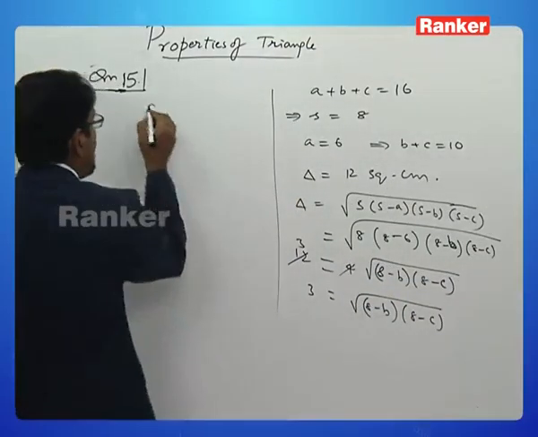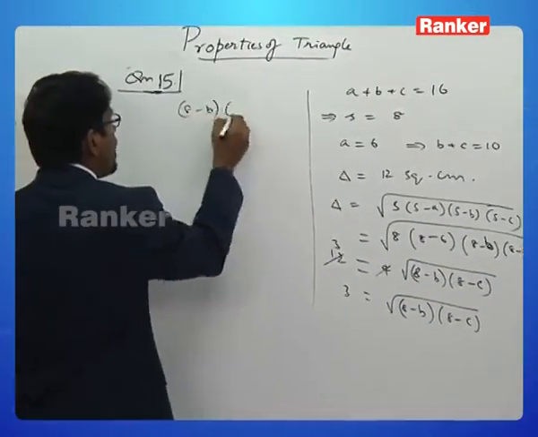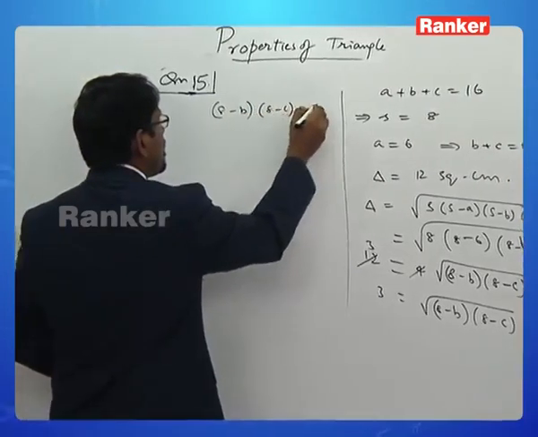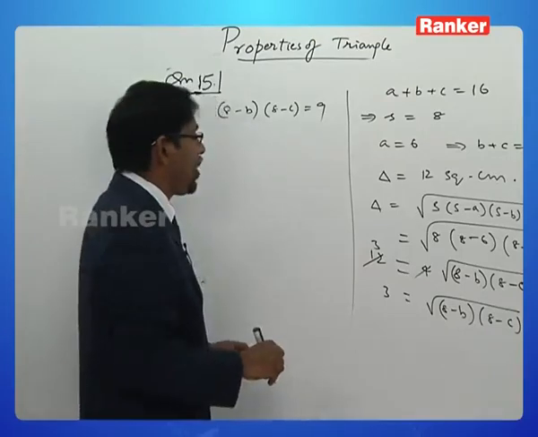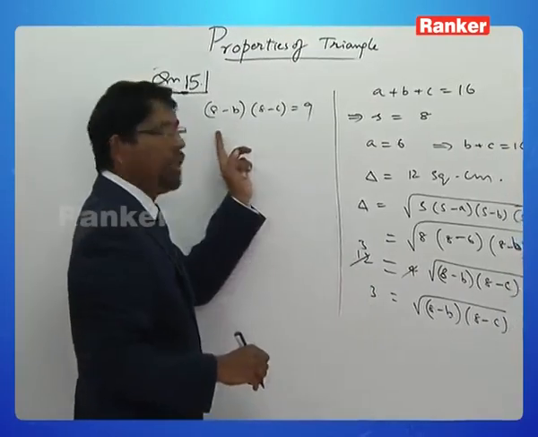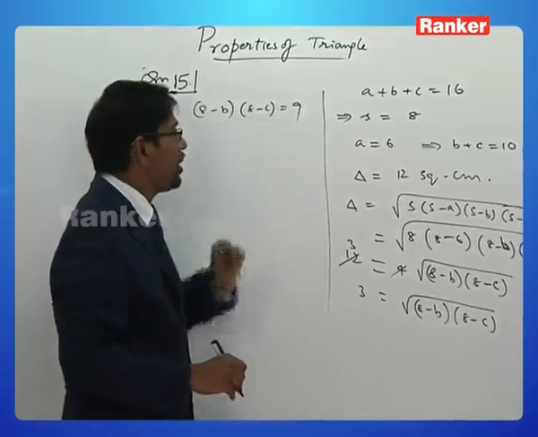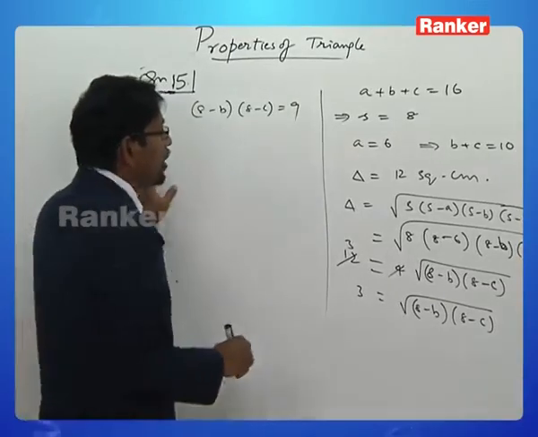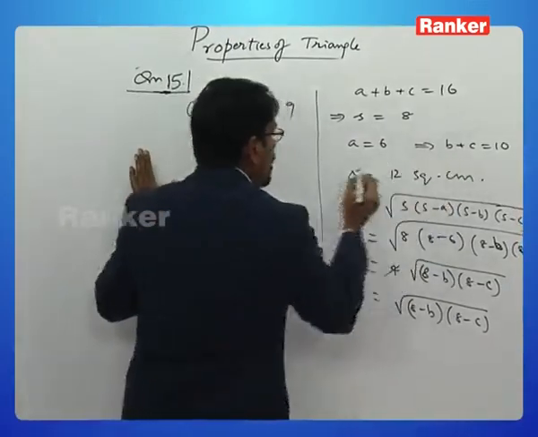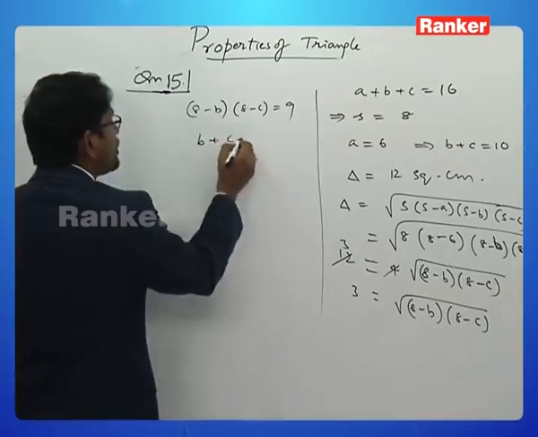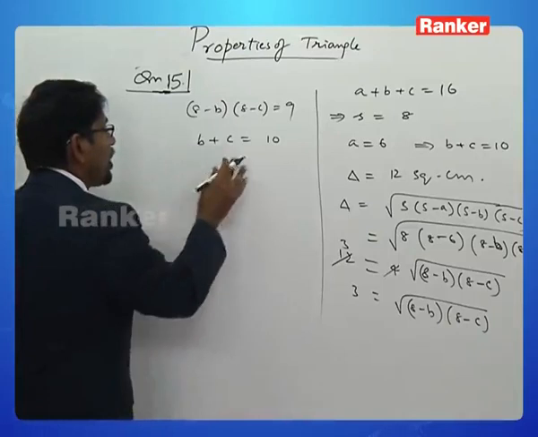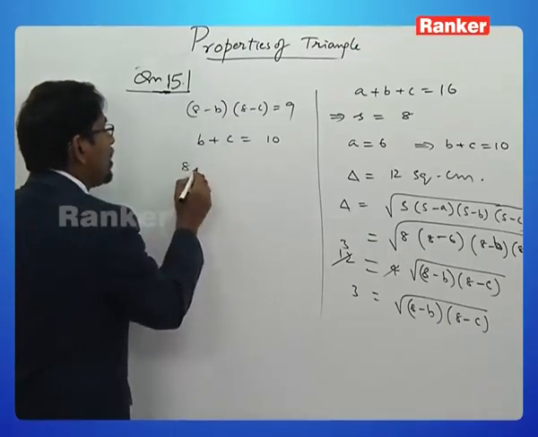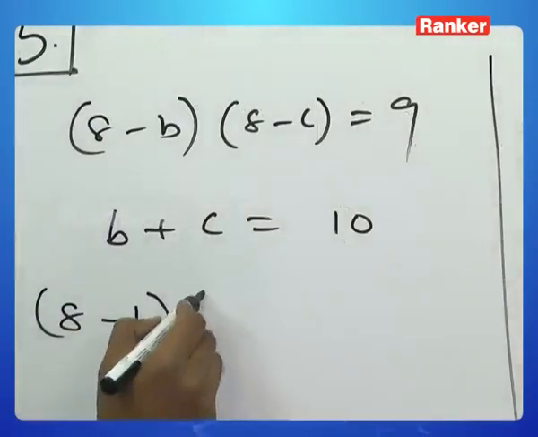So from here, (8 minus b) into (8 minus c) has to be 9, 3 square. We're squaring both sides. Now let's have a look here. b plus c is 10. So let's look at what is (8 minus b) plus (8 minus c).